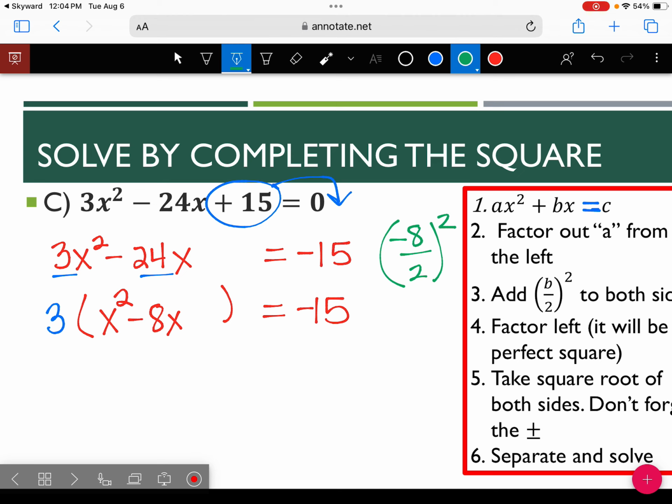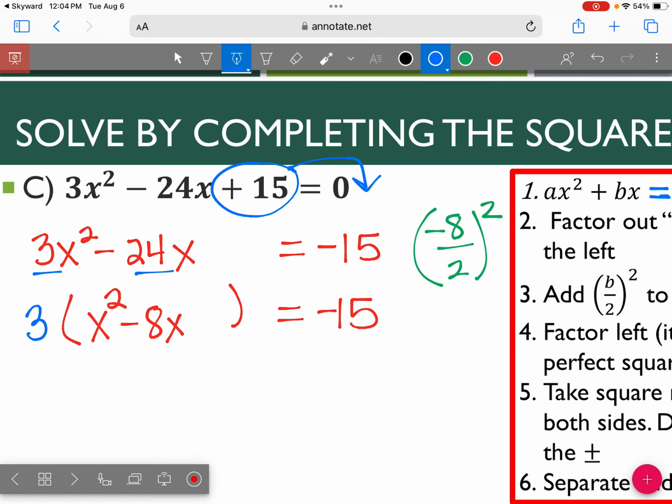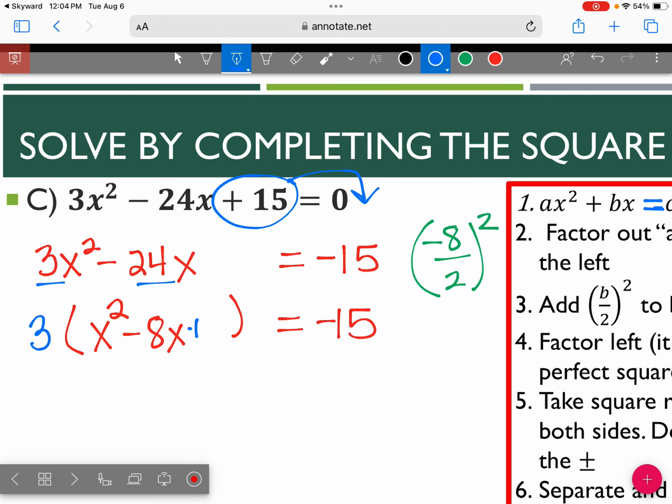So what number did you get? Who got 16? All right, let's go ahead and add that to both sides. I'm going to add it inside of my parentheses here, and I'm going to add it here. All right, so now we're ready to factor this down.